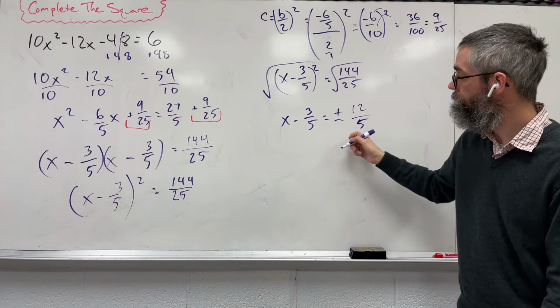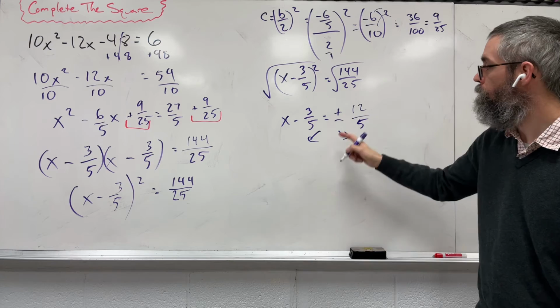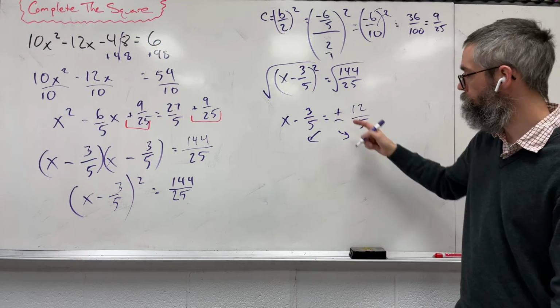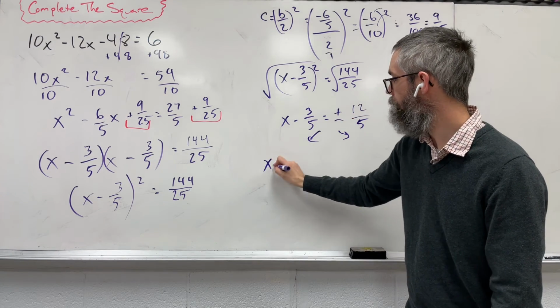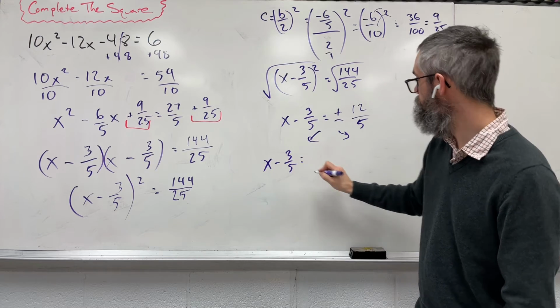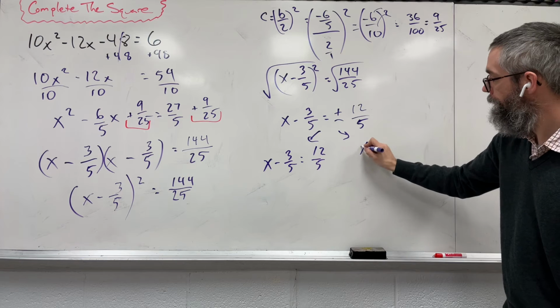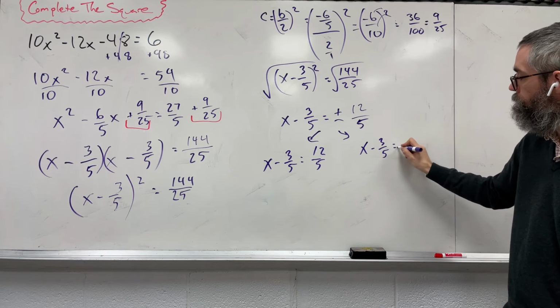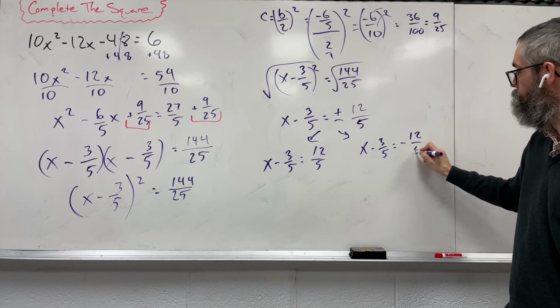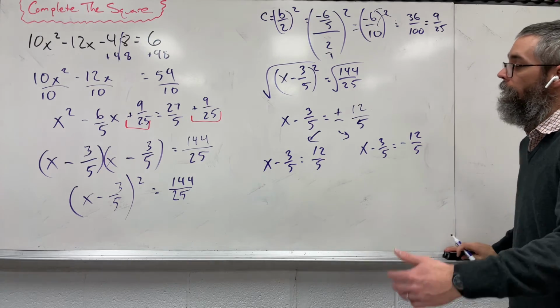Now, we have to set up two separate problems, one with the positive, one with the negative. So we're going to say x minus 3/5 equals 12/5, and x minus 3/5 equals negative 12/5. This helps us.